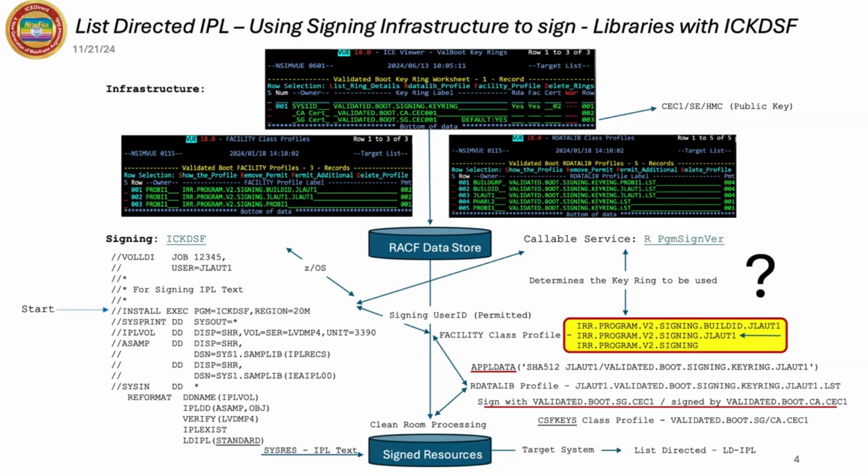The steps will be the same. There'll be an interrogation of the facility class profiles to see if there can be a match. If there's a match, then the APPL data component of that profile will be extracted to determine if there is a key ring that matches. If there is a key ring, then a certificate will be extracted and used in the signing of the IPL text itself.